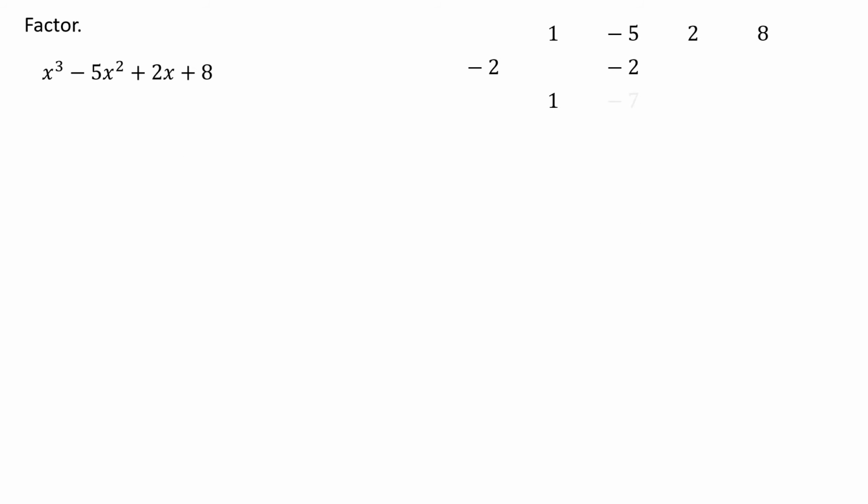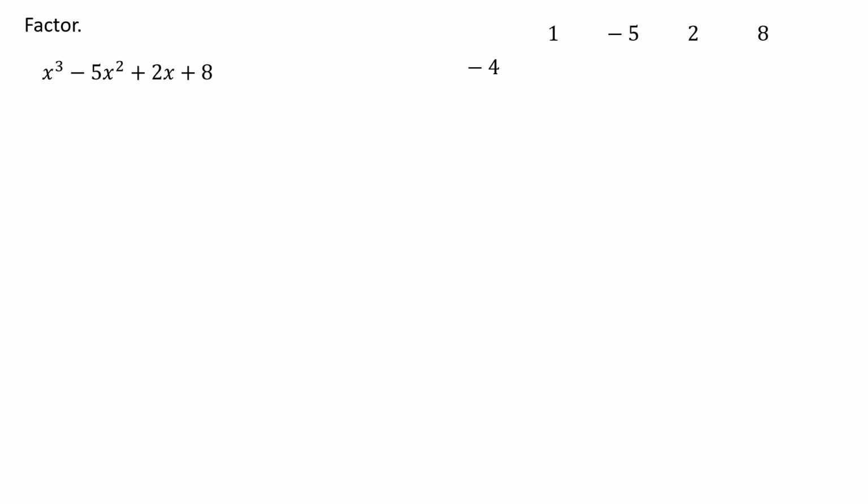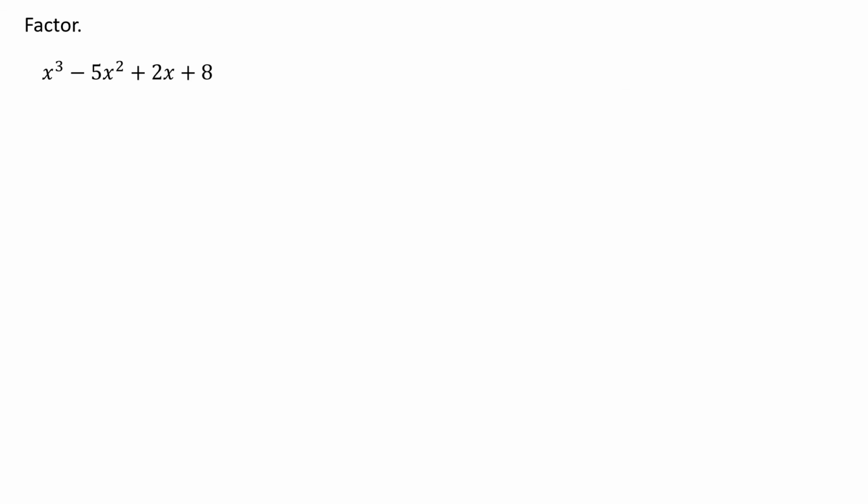If I try negative 2 and I go through, nope, there's a remainder, so negative 2 is not a root. If I try negative 4, nope, pretty much a disaster. And of course, if I try negative 8, this will not work out either.